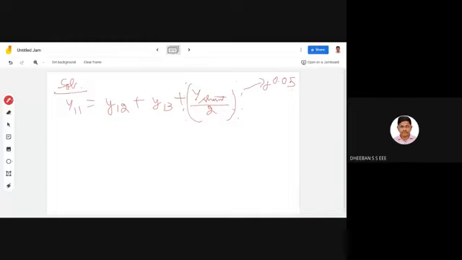So you just find the value of y22, it is equal to y12 plus y23 plus y shunt 2 by 2 corresponding to the second bus. You're simply going to add this factor only.